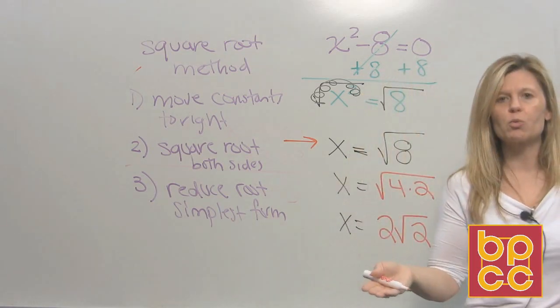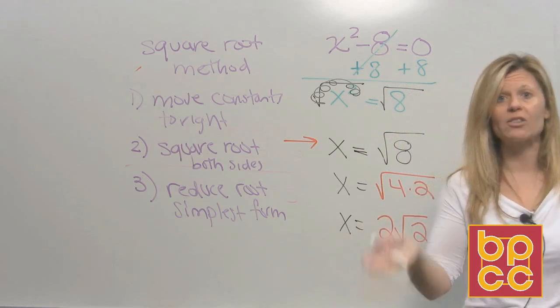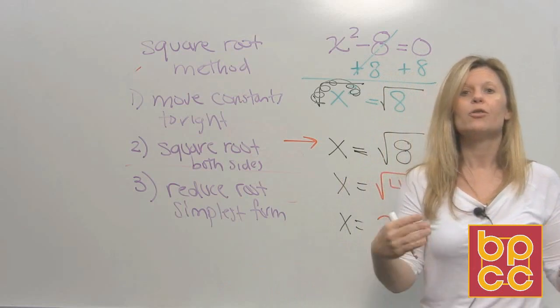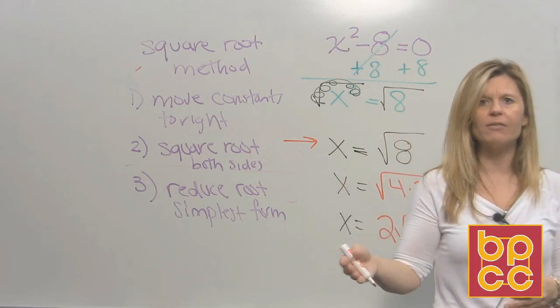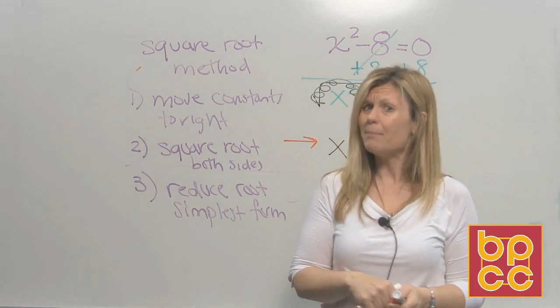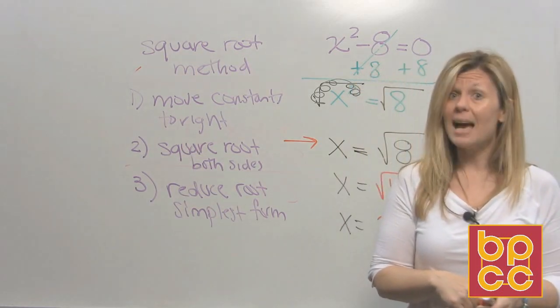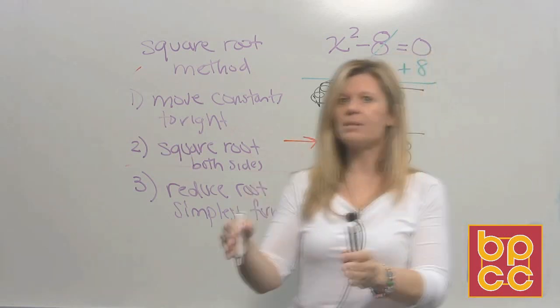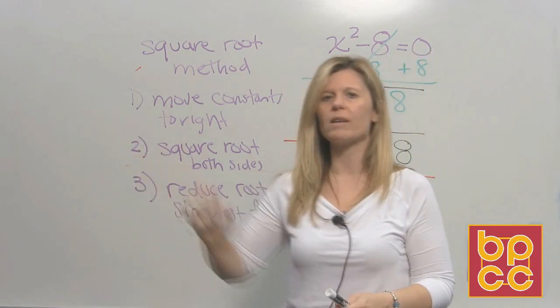And I know you first would say 5, and you're correct. 5 times 5 is 25. So you're right. The square root of 25 is 5. But isn't there another number times itself that makes 25? Yes, it's negative 5. Negative 5 times negative 5 is also 25.